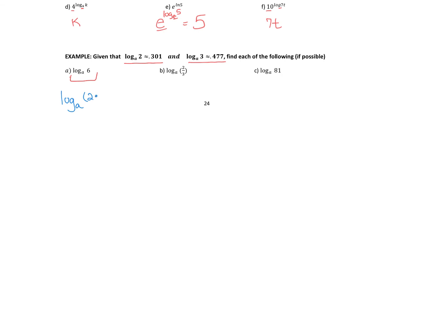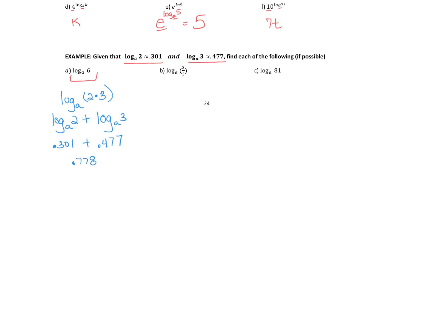So that'll be 2 times 3, which is log base a of 2 plus log base a of 3. And we were given these numbers, 0.301 plus 0.477. That will give us a total of 0.778.